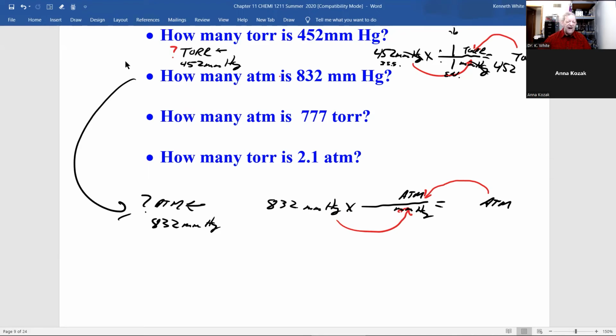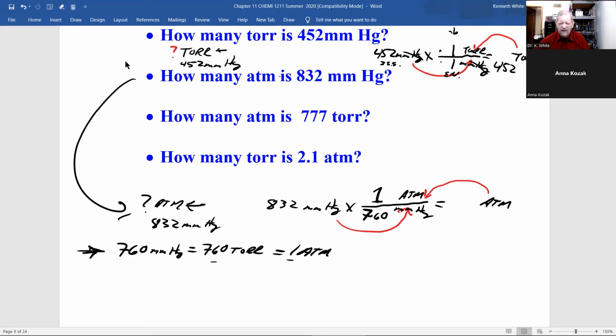And if we look above, but I'll write it right here, 760 millimeters of mercury, by definition, these are all exact numbers, equals 760 torr equal 1 atmosphere. Therefore, from this, I know 1 atmosphere is 760 torr.